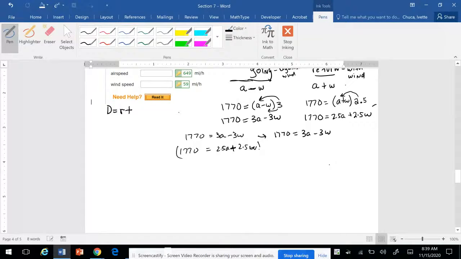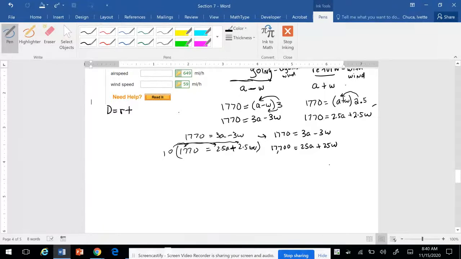And I'm going to multiply all of this by 10. So 10 times 1770 is 17,700. 10 times 2.5 is 25A. 10 times 2.5 is 25W. So again, you can leave it as a decimal, or you can get rid of the decimal by multiplying by 10.